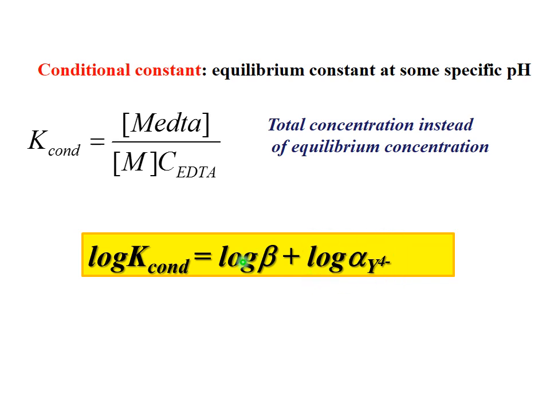So this and this number are available. You just add them up. This number is of course always negative, and you have your conditional constant.